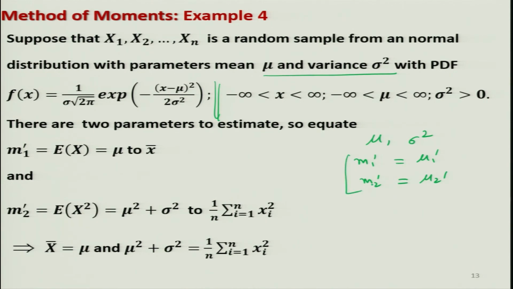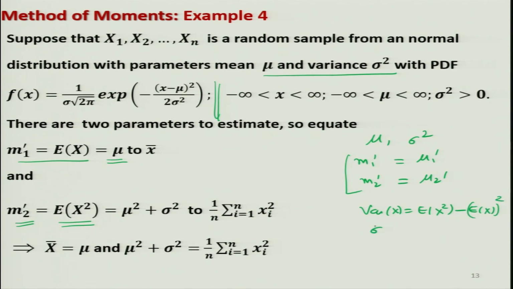Now, here we have 2 equations and 2 unknowns, and we simply solve them and get the values of mu and sigma square. So, that is what I am going to do here. mu1 prime is the expected value of x, that is equal to mu, and mu2 prime is the expected value of x square, which you can obtain very easily, since variance of x is equal to expected value of x square minus expected value of x whole square.